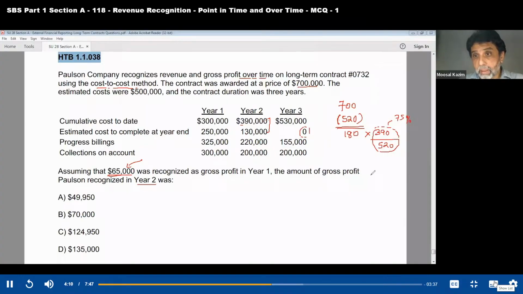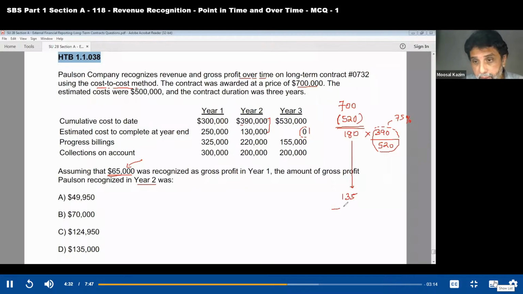Fine. So if that comes to 75%, how much will we recognize? In year 2, it's going to be 180 into 75%, which is 135,000. Please don't be in a hurry to tick D. This is the cumulative profit. They want only year 2.